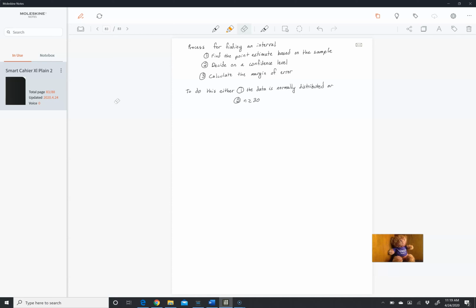Okay, so let's find the margin of error. In order to find the margin of error, this is kind of a simple process that you've already done.